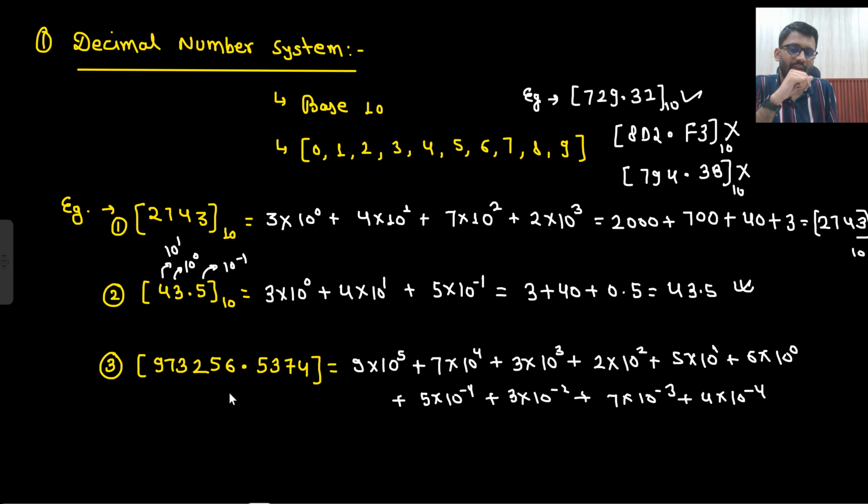Basically, we start from this point and take powers 0, 1, 2, 3, 4, 5, then minus 1, minus 2, minus 3, minus 4. In that manner we go.